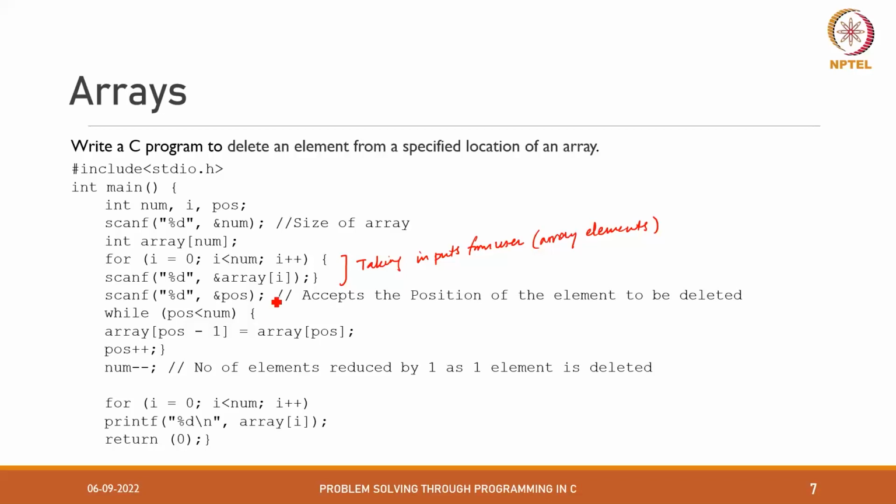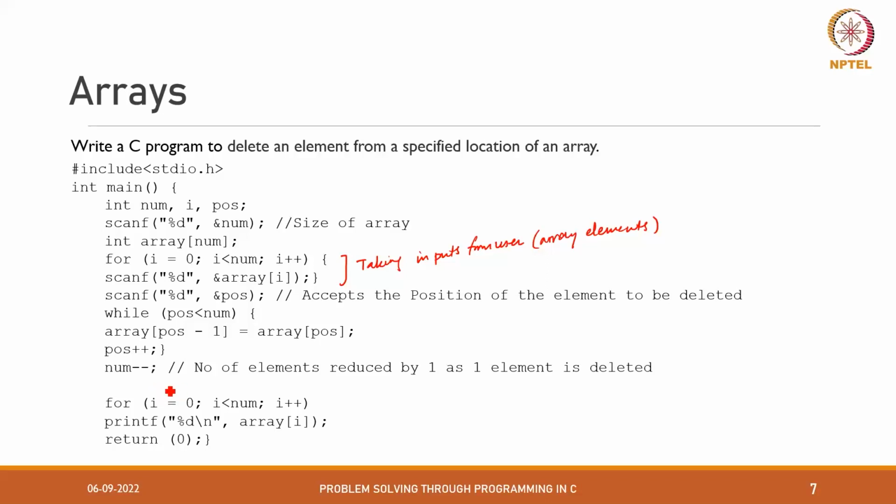Once I do that, I write a loop which will do the same calculation that I just showed to you. We'll keep shifting until we reach the end of the array, and finally we'll reduce num, which was the size of the array, by 1, because now one element has been deleted.